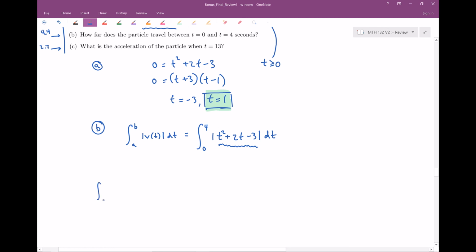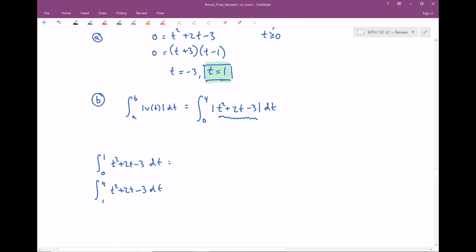This we use to split up this interval. From 0 to 4, we go from 0 to 1 of t squared plus 2t minus 3, and then from 1 to 4 of t squared plus 2t minus 3. We want to evaluate these integrals, and then take the absolute value of those and add them together. So that's the technique for evaluating one of these absolute value integrals.